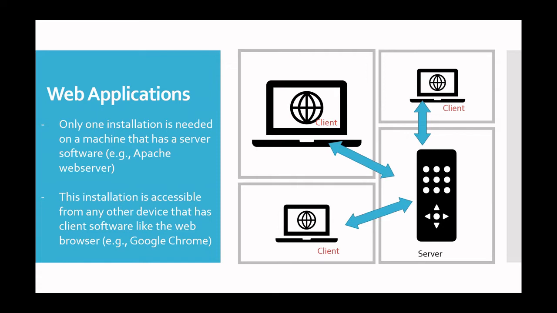Okay, so once we have this application installed on top of the server software, a thin software called a client, for example, the web browser like Chrome or Microsoft Edge, is a client software that knows how to connect to the server in order to access the application. All right.